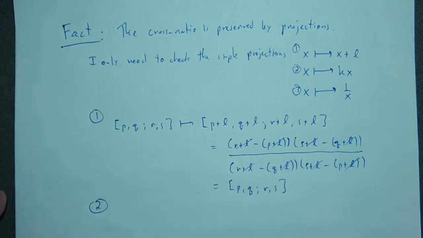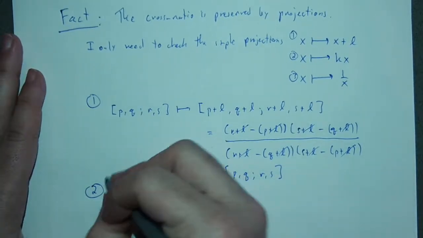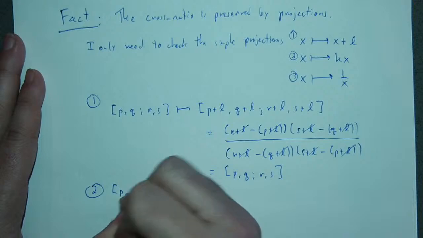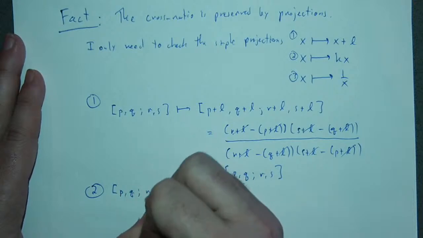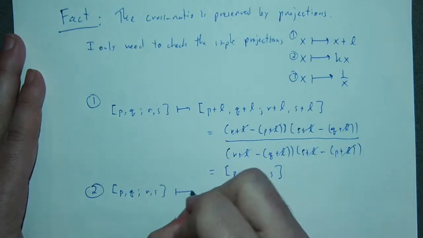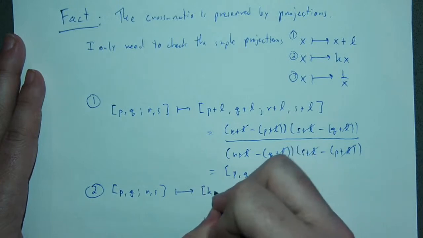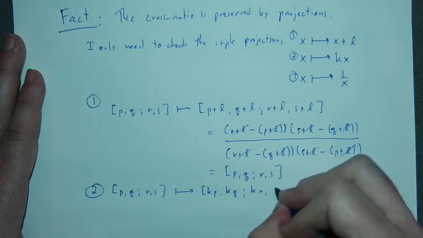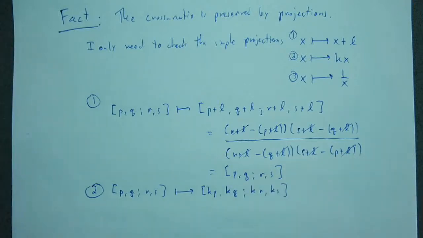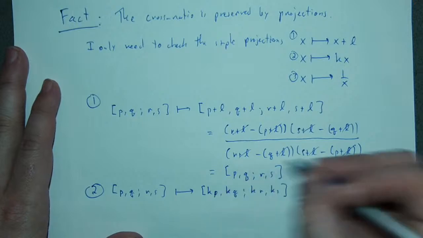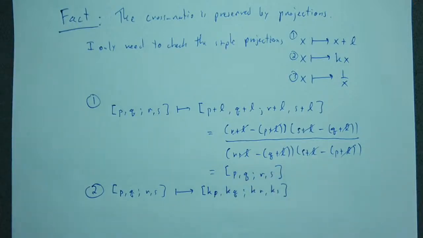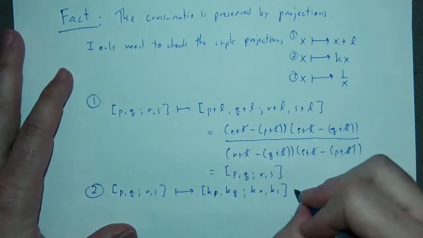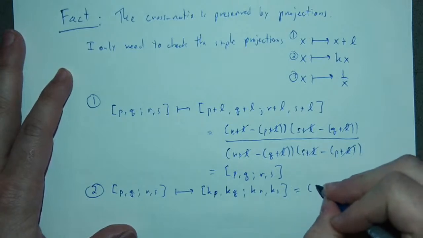Okay, let's check the second case. The second case is dilations, and dilations behave the same way. The cross ratio PQRS gets sent to KP, KQ, KR, and KS. Maybe I'll go ahead and write it out, it's just good to see this stuff sometimes.